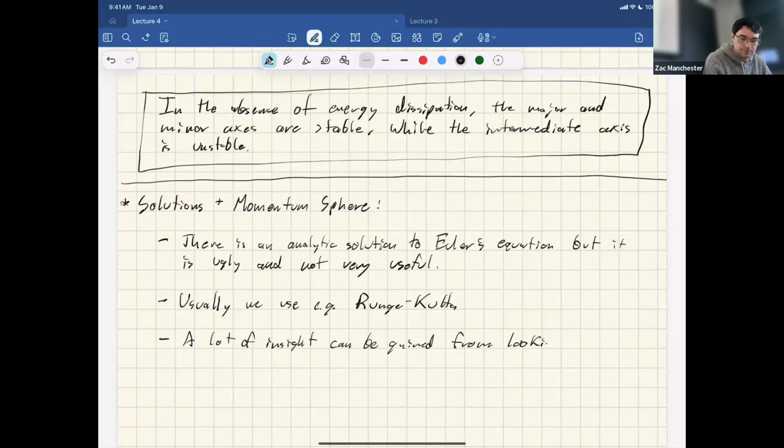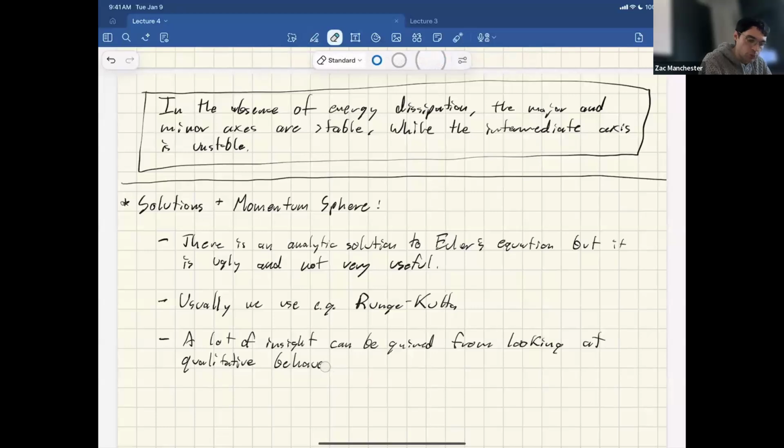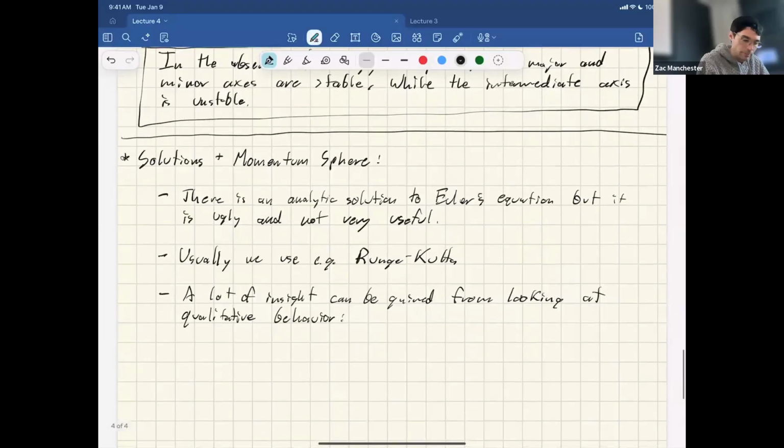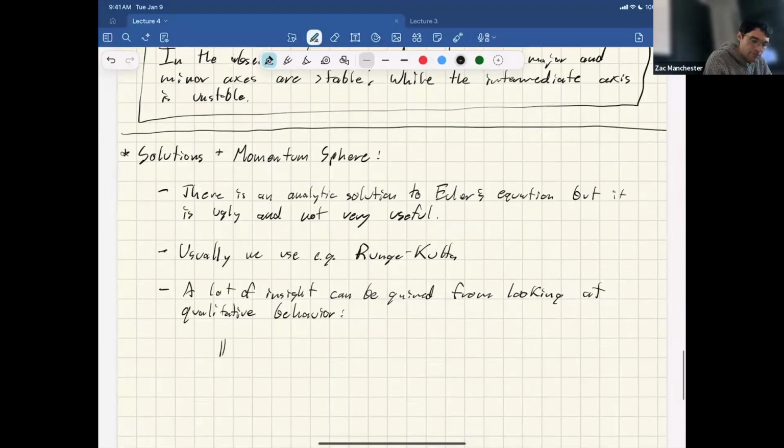Okay, so we're going to revisit the version of Euler's equation that we wrote out in terms of momentum instead of omega. We have in general that angular momentum is conserved, right?